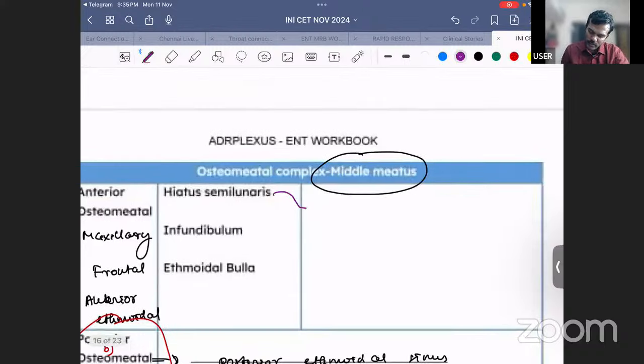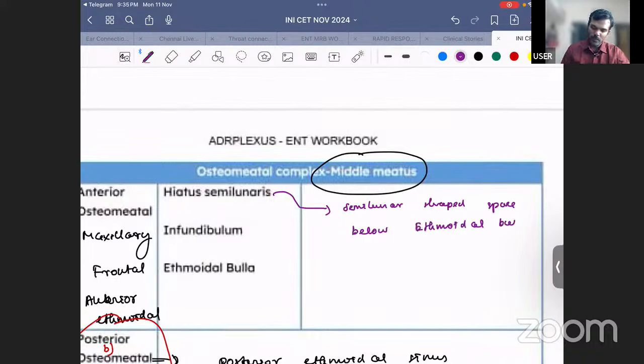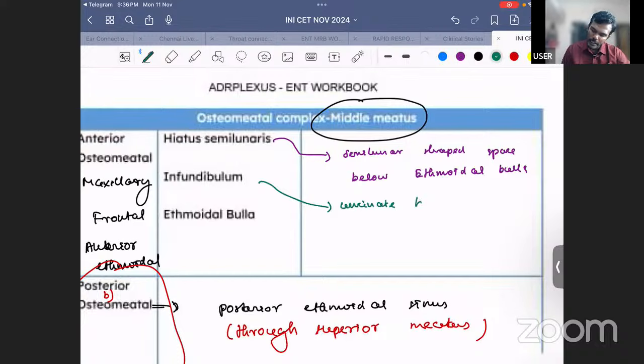So what about the other structures present in the middle meatus? Hiatus semilunaris is a semilunar shaped space below the ethmoidal bulla. Infundibulum is present between the uncinate process and the lateral wall of the nasal cavity.